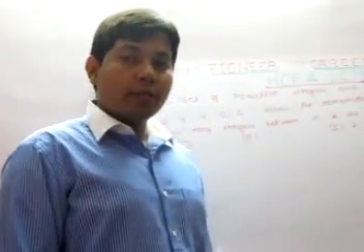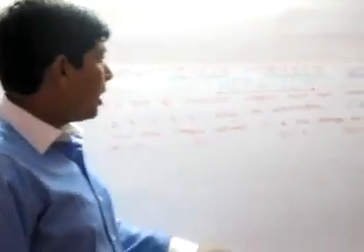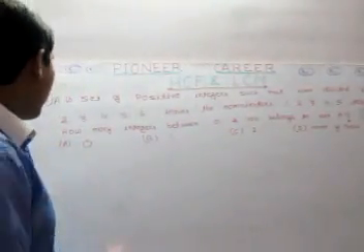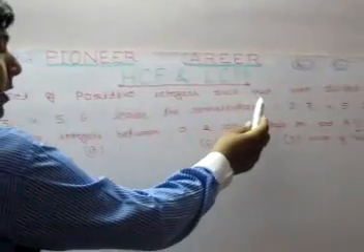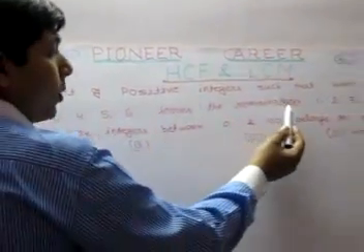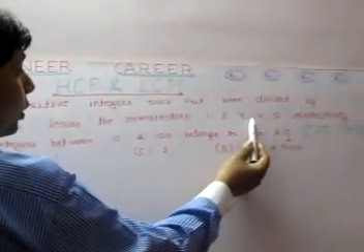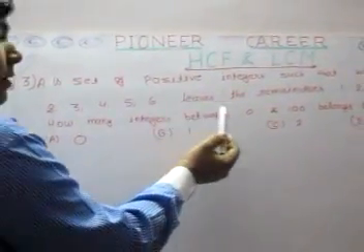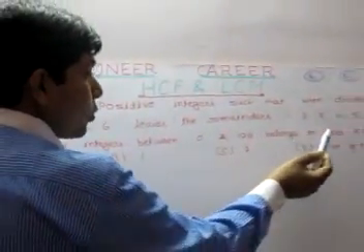Okay, now let's discuss another question on HCF LCM that was asked in CAT 1998. The question is, A is a set of positive integers such that when divided by 2, 3, 4, 5 and 6 it leaves the corresponding remainders 1, 2, 3, 4 and 5 respectively. How many integers between 0 and 100 belong to set A?